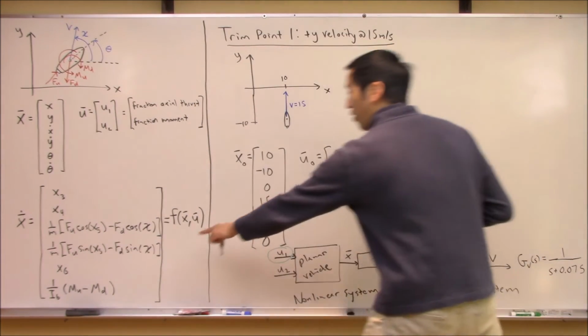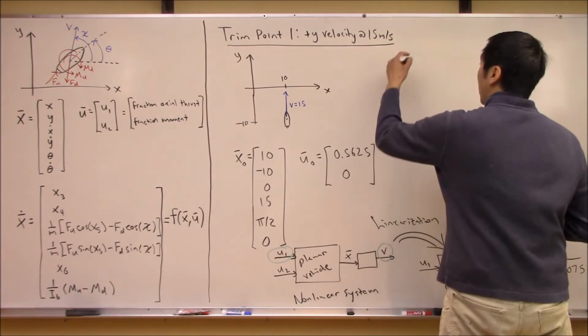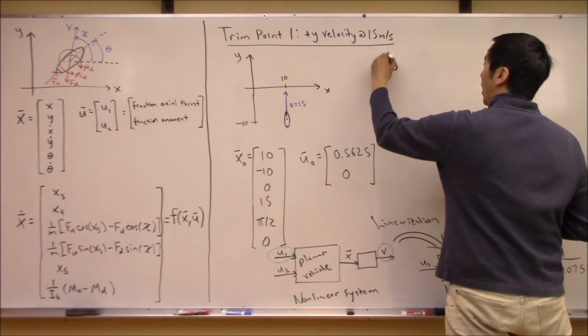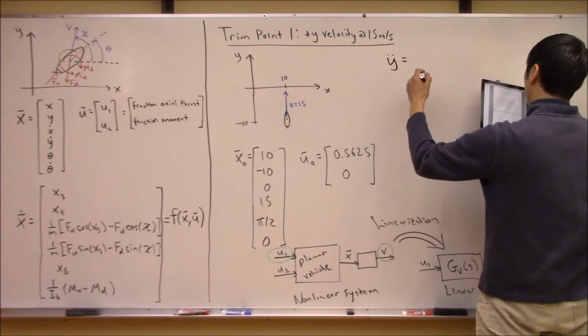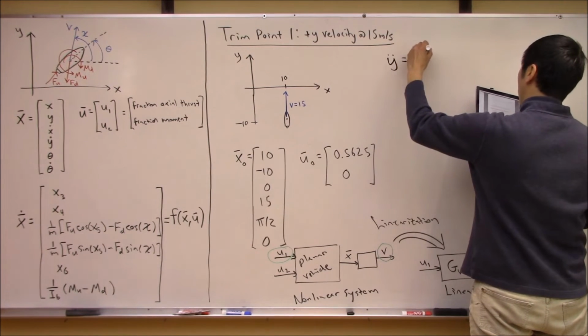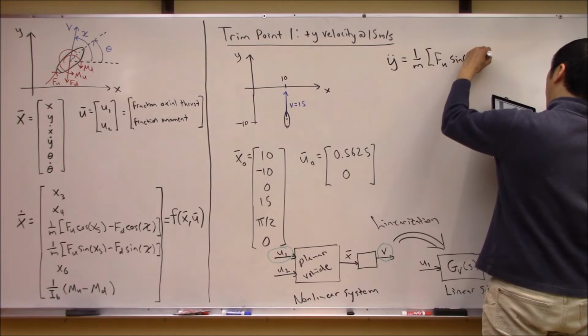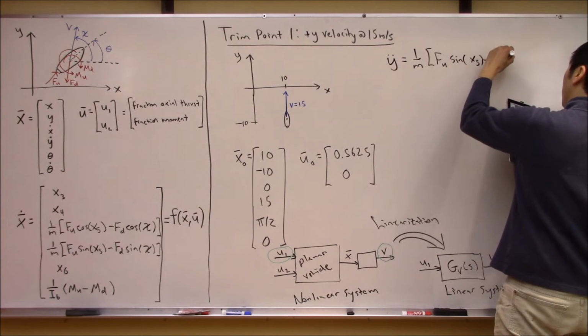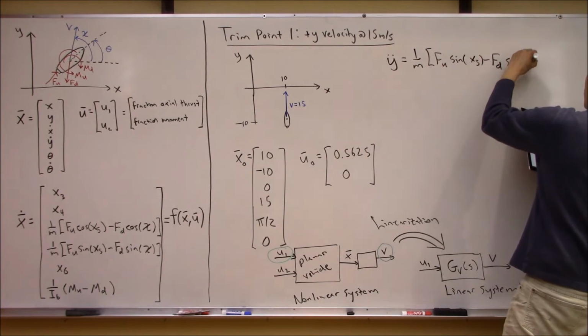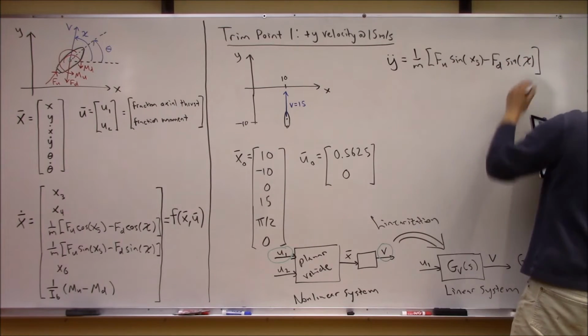So this was effectively saying y double dot is equal to 1 over m times fu sine of x5 minus fd sine of chi. That was our equation.